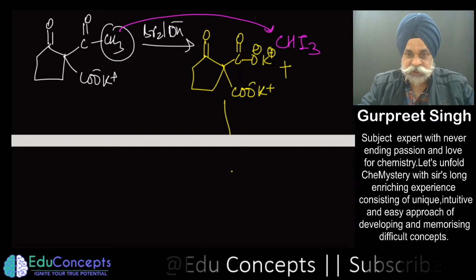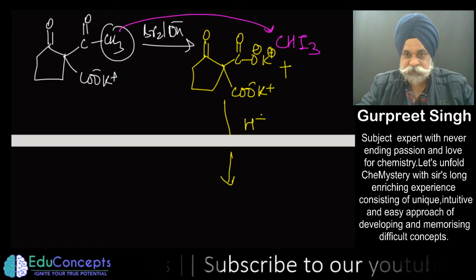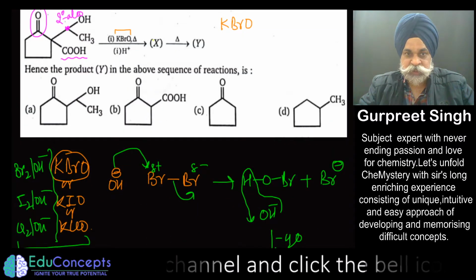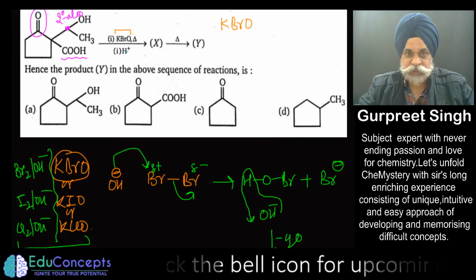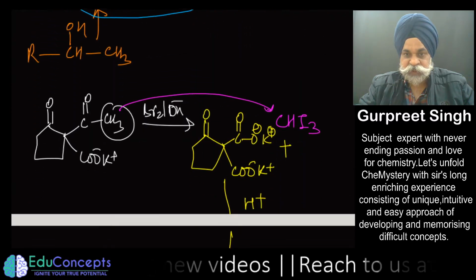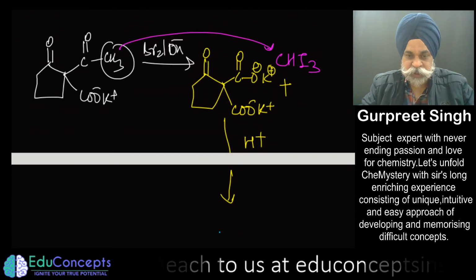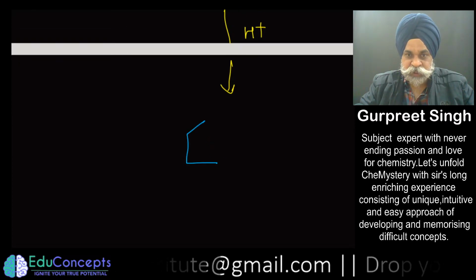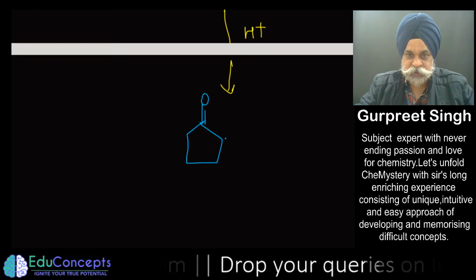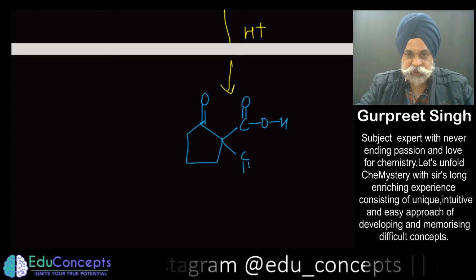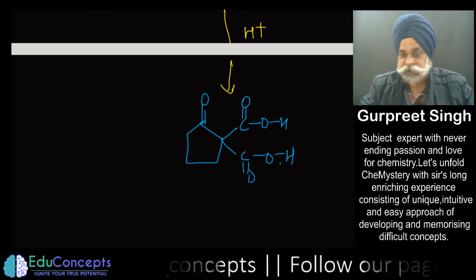Now since it is being acidified in the second step, any carboxylate salt, when acid is put into it, will change into carboxylic acid. So you would end up getting carboxylic acid, and this also would be carboxylic acid.